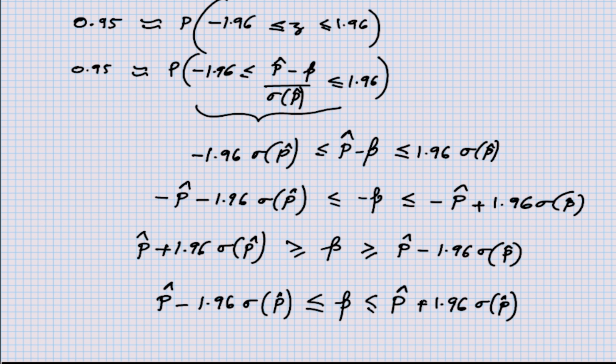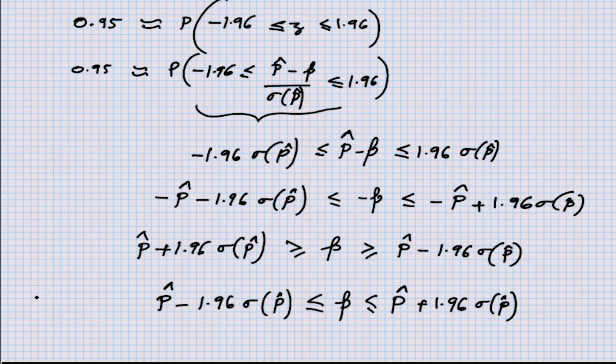So you see, P cap is known to me. Sigma P cap is also known to me. If I know that, I can definitely guess the range of P. It is not an exact value, but you see that this is the range.